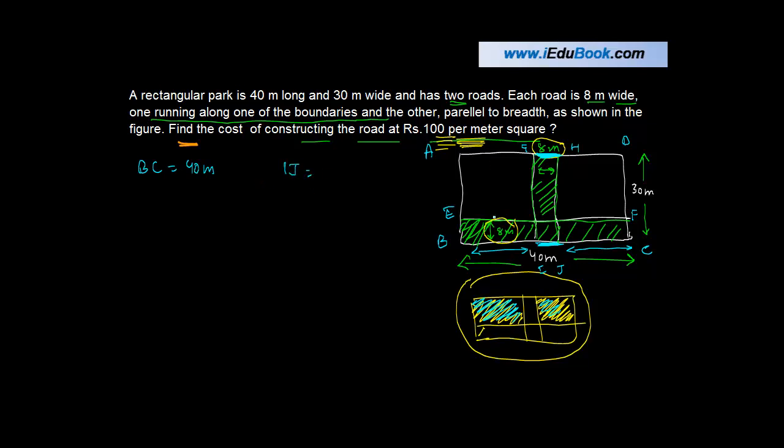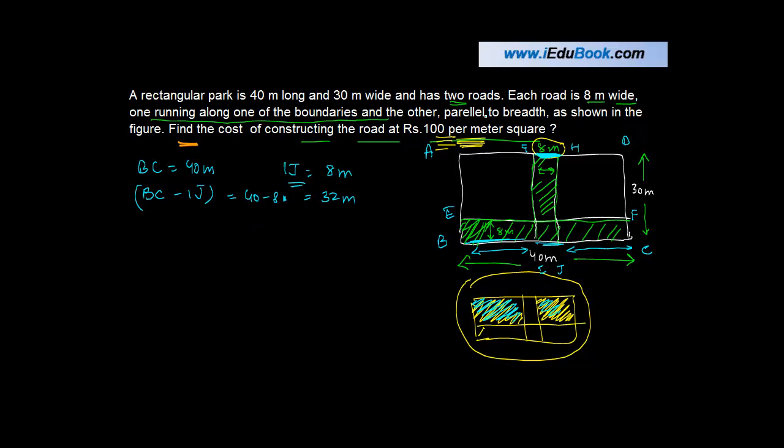IJ, which is this line, is equal to 8 meters, right? Therefore the area which is not covered by this line is equal to how much? BC minus IJ is equal to 40 minus 8, or 32 meters.